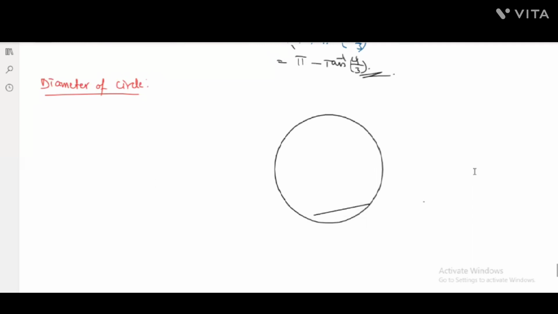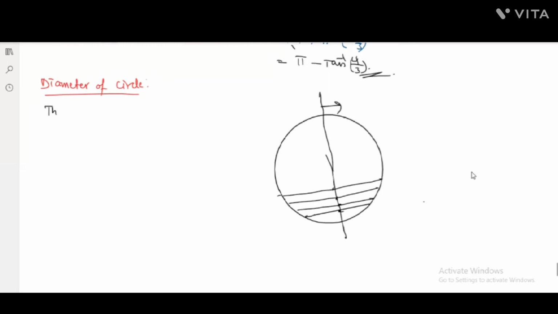Approximately we'll try to adjust. So one more line is like this, parallel curves. If you join the midpoints of all these, this is called the diameter of the circle.